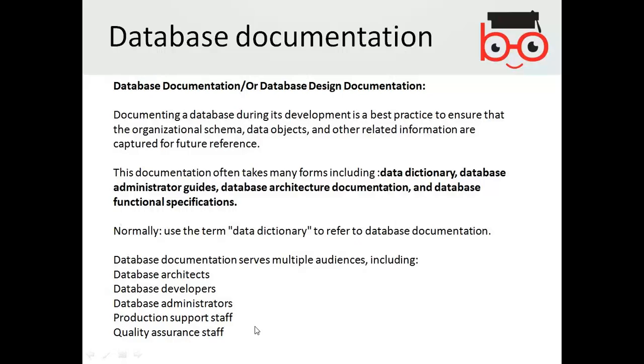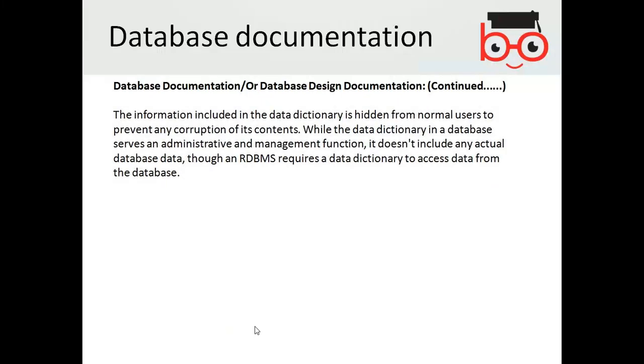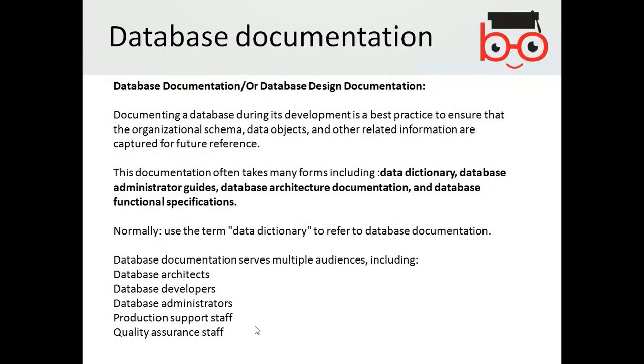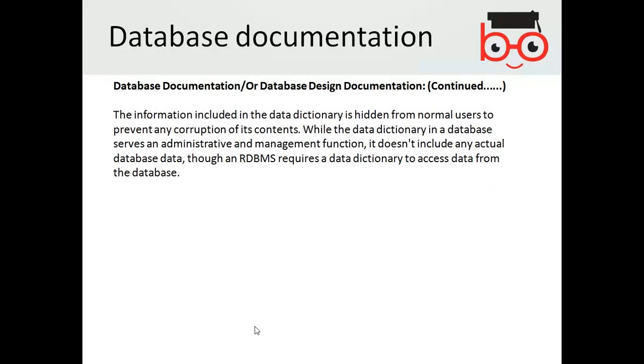They can always use the database documentation, because if you are handing over the database to someone, they will not be checking what is in the database and what is not, but they will need to check the database documentation. That's why the database documentation is important. Information included in the data dictionary is hidden from normal users.